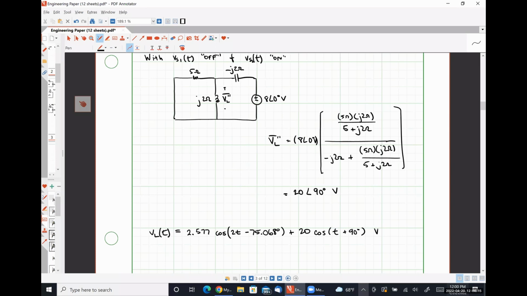So there wouldn't be an issue whatsoever with calling that 20, let's see, so if we subtract 90 degrees to go from sine to cosine, we'd add 90 degrees to go from cosine to sine. So this would actually more likely be negative 20 sine t to get rid of the phase angle. But at this point, it's 6 of one, half a dozen of the other. They literally represent the same thing.